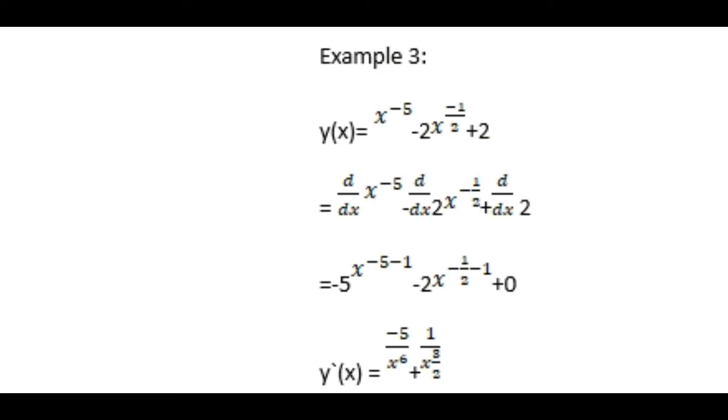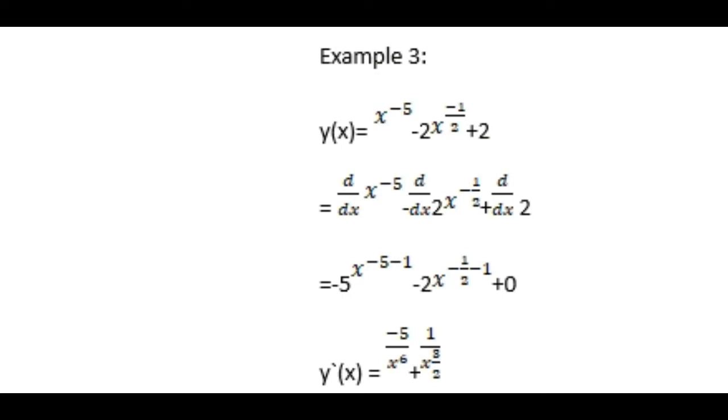So now we will get the constant multiple. So in x raised to the power of negative 5, the derivative is negative 5x raised to the power of negative 5 minus 1. And the derivative of 2x raised to the power of negative 1/2 is 2x raised to the power of negative 1/2 minus 1, plus 0.